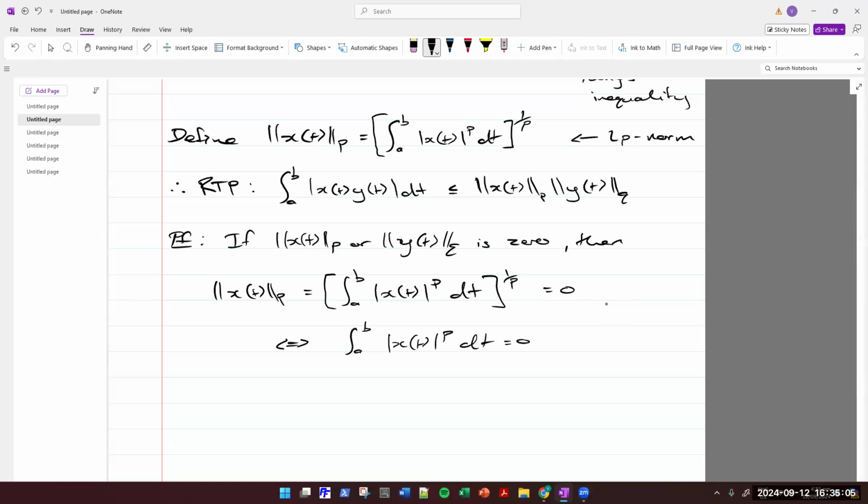Now, if the integral of something from a to b is equal to zero, we'll see in a bit that this might pose a bit of a problem. But x is a continuous function, and what I'm integrating here is never negative because it's the modulus of x to the power of p. That's not so important now.